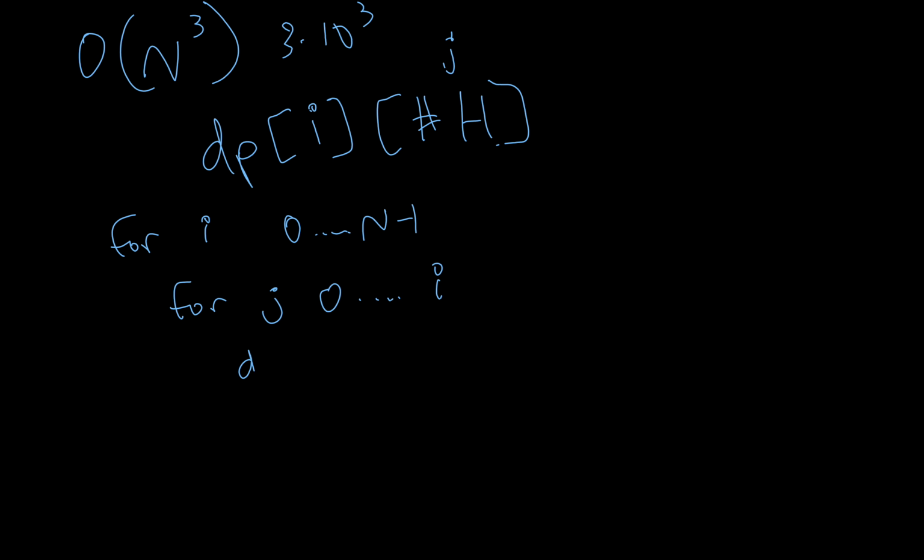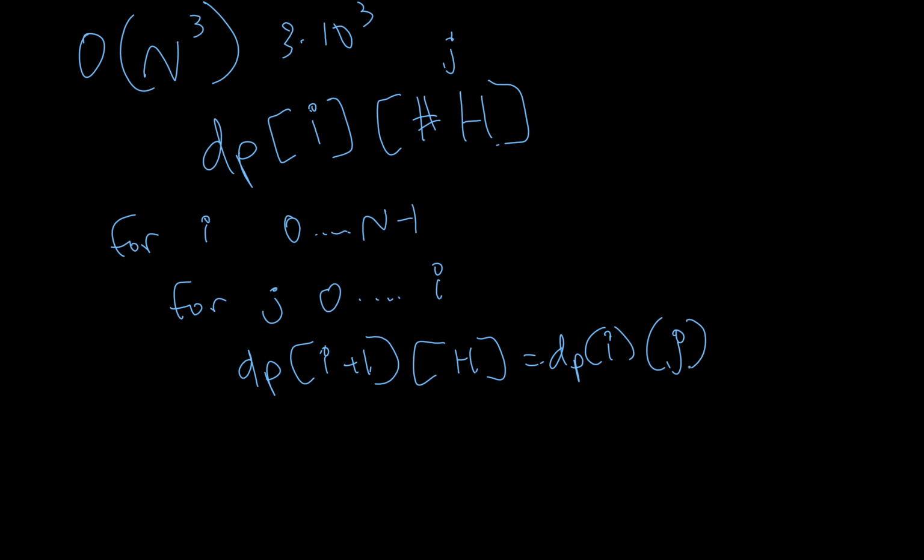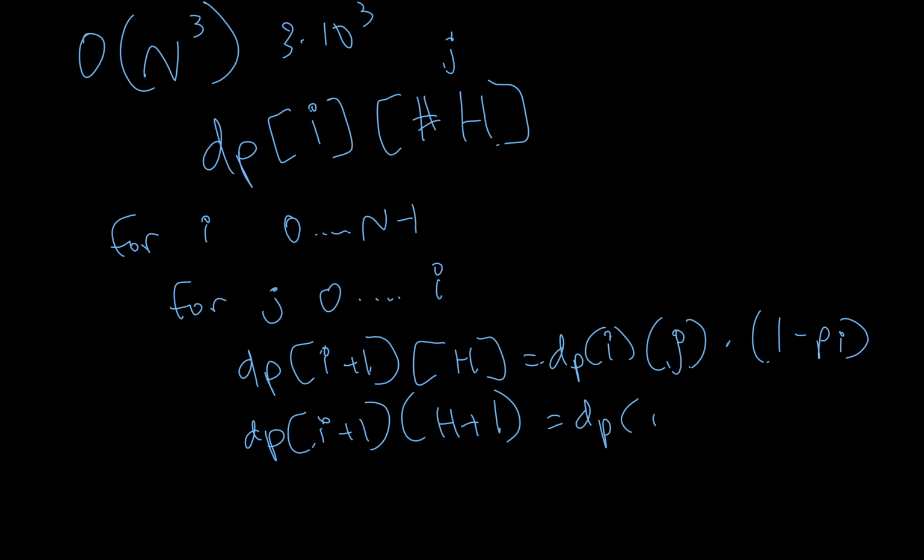So you'd have dp of i plus 1, including this new coin, and j, meaning you rolled tails, which is equal to dp i of j times 1 minus p_i. But if you do get a heads, then you would add plus 1 to the count of heads, and the probability would be times the probability of getting heads, which is just p_i.